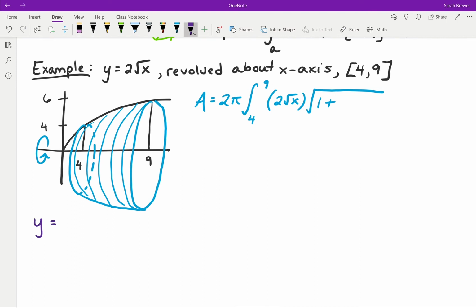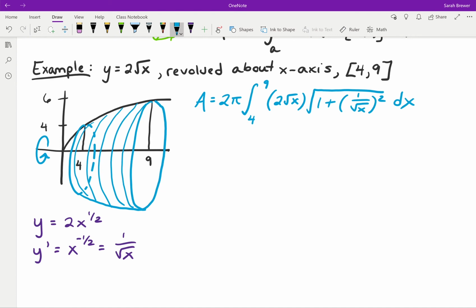So if y is equal to 2x to the 1/2, y prime is x to the negative 1/2, or 1 over the square root of x. So we're looking at 1 over square root of x squared dx. Cool. So we're only dealing with positive values of x.